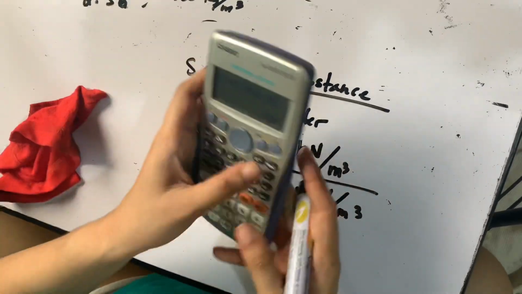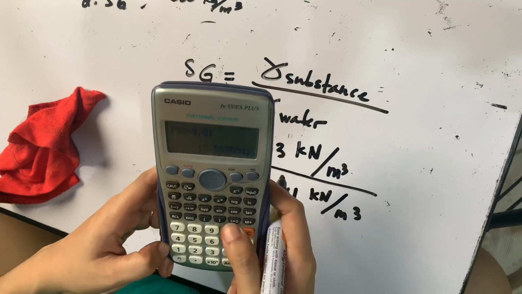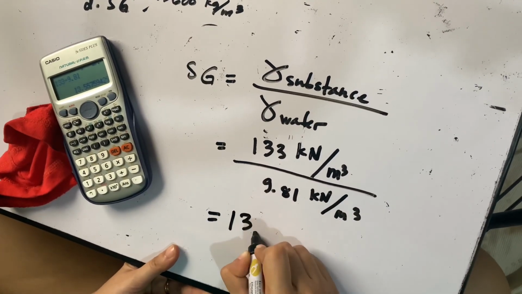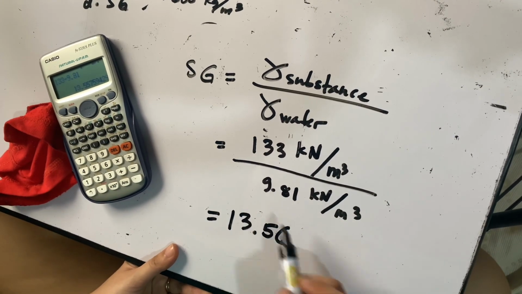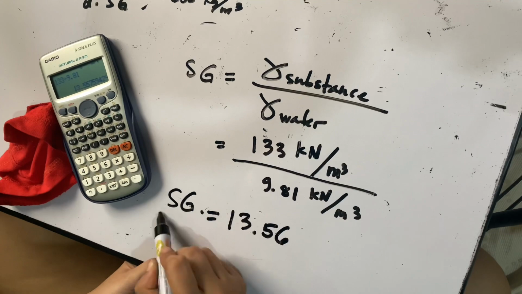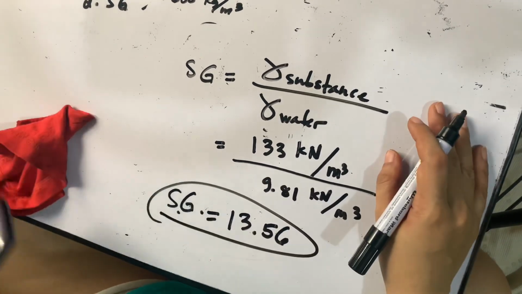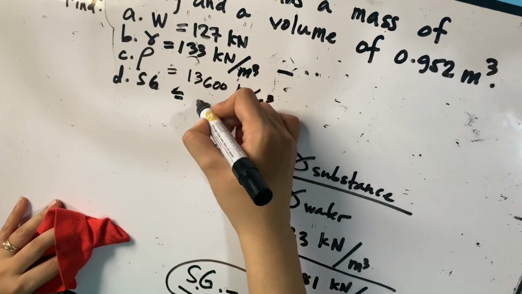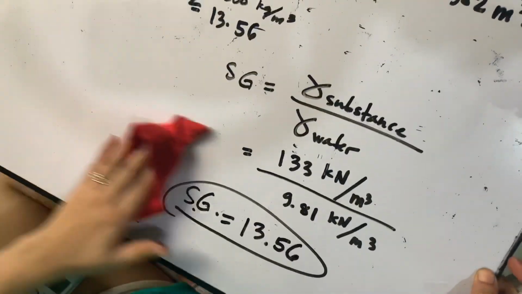Let's calculate: 133 divided by 9.81 would give us an answer of 13.56. The specific gravity is dimensionless. So the answer is 13.56. Okay, we're done.